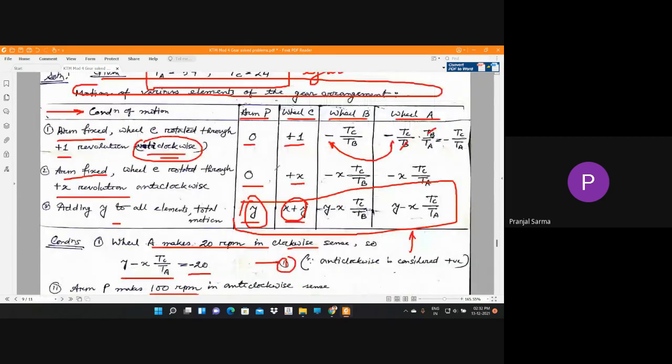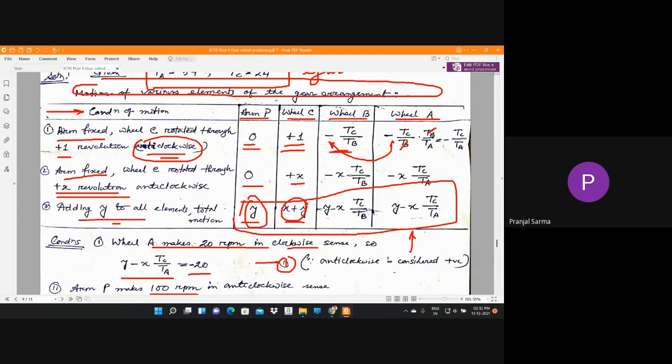Then initially we consider the arm to be fixed, and we give plus 1 revolution in either direction to one of the elements, mostly either the sun wheel or the exterior wheel. Based on that, we see what happens to the motion of the other elements. After that, we extend this table for x revolutions for that particular element. Then we also give motion to the arm.